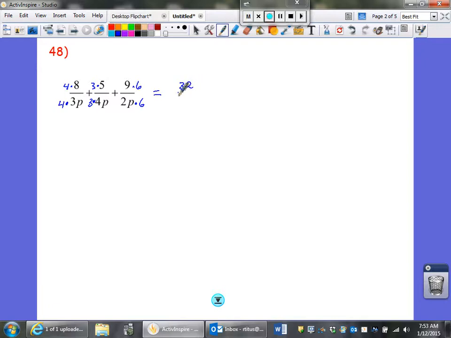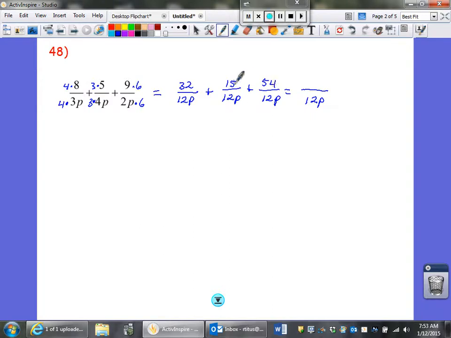32 over 12p plus 15 over 12p plus 54 over 12p. And let's see, adding all of this up, first of all, we know the common denominator is 12p. We have 32 plus 15, which again is 47. 47 plus 54.